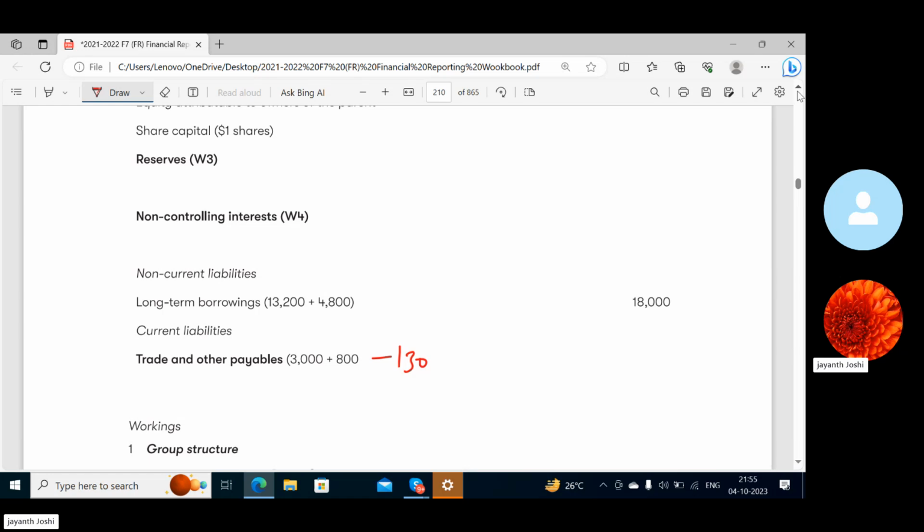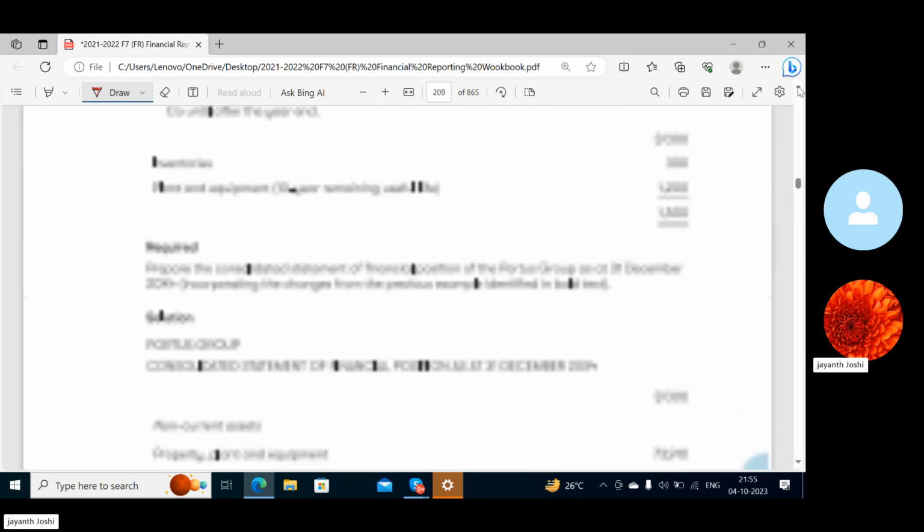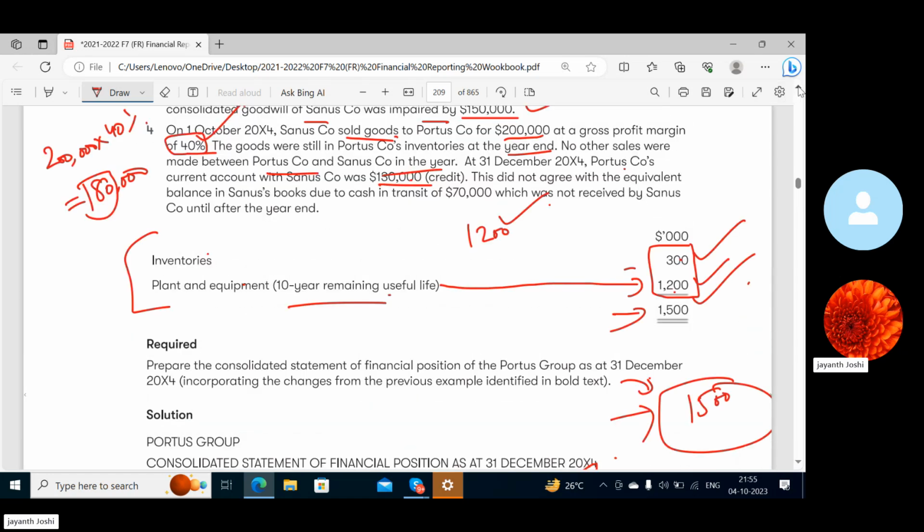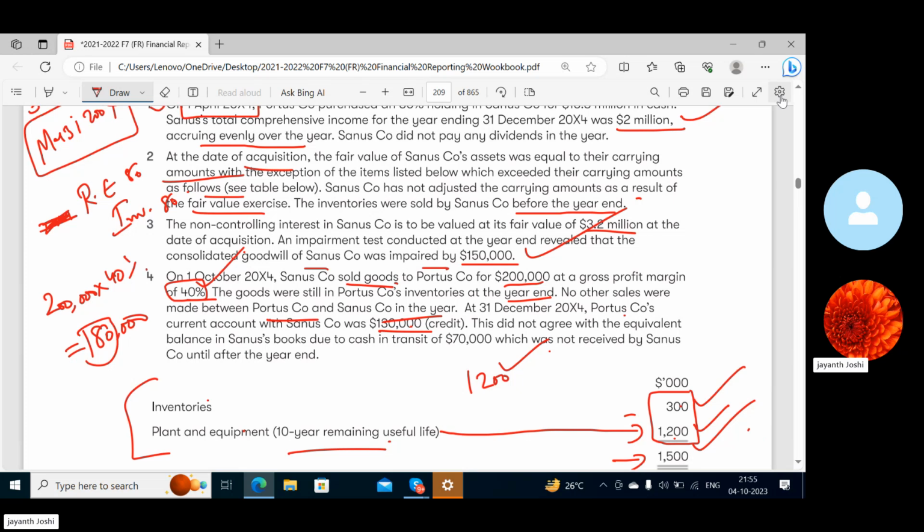Okay, intercompany transaction. If I maintain some credit balance with someone, that means in their books it is clear, right? Potter's company current account with Sanos company was 130. That means Sanos company is showing that Potter's is supposed to pay them 130 and Sanos is supposed to receive 130. So since we are doing consolidation, we will remove 130 from receivables and payables.